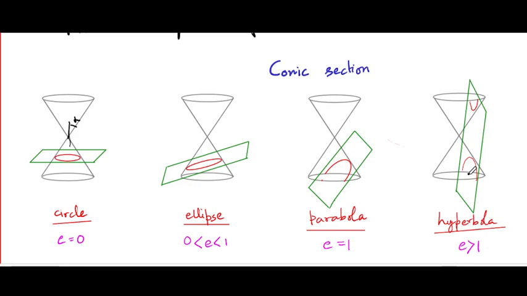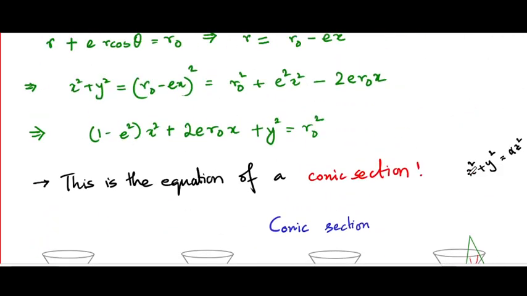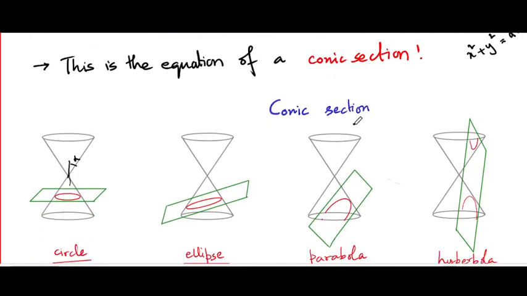So what we have seen from the equations, this one, which is just a rewrite of the equation r equals r0 over 1 plus e cos theta, is that this is an equation of a conic section, one of these curves. The parameter e is called eccentricity.